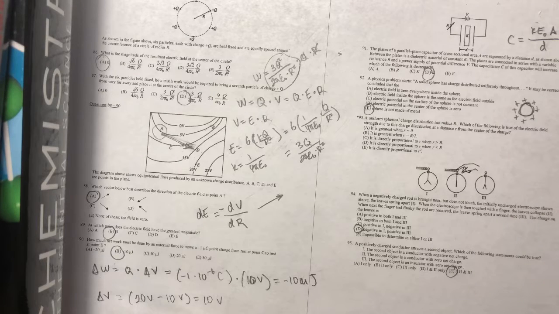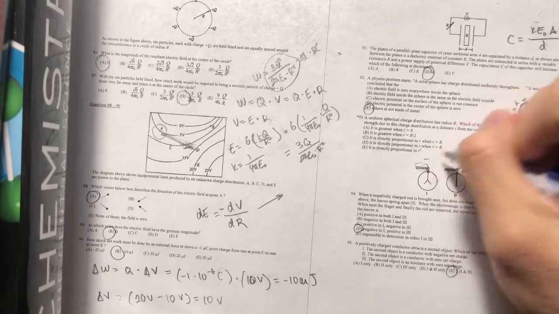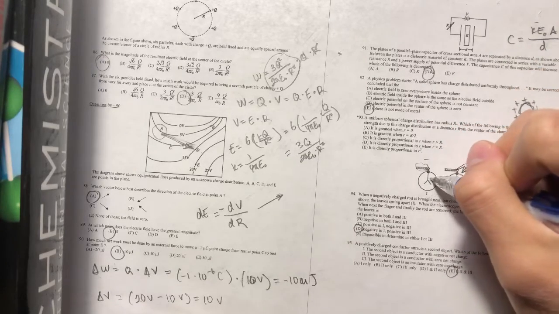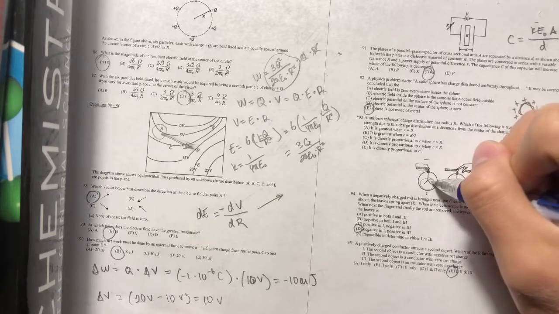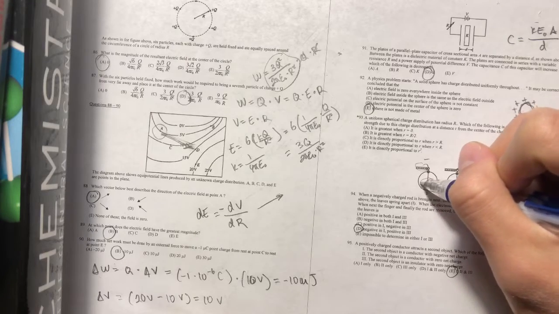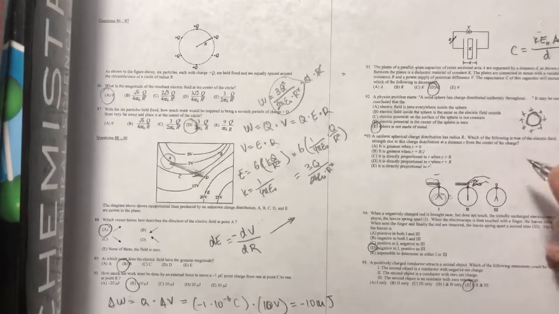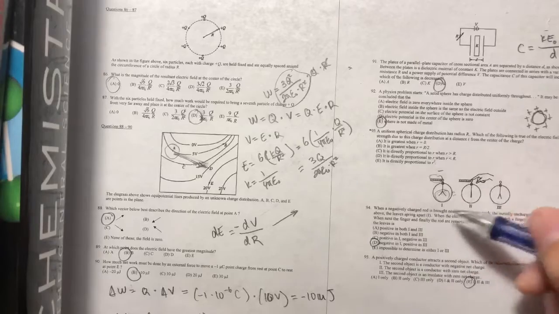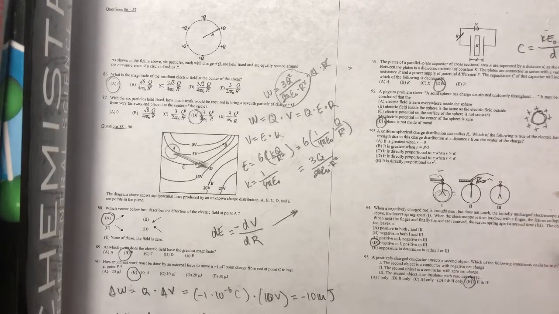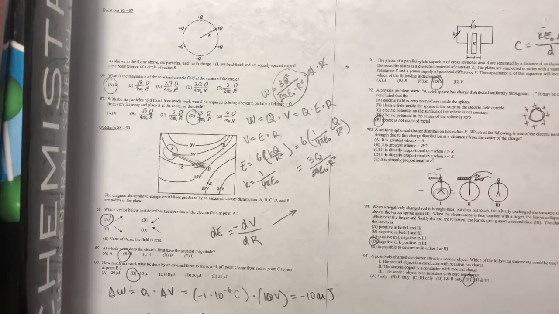In part 1, the negatively charged rod repels electrons to the leaves over here, and this is why it opens up, since both leaves are negatively charged and they will repel each other. So at part 1, the leaves are negatively charged.